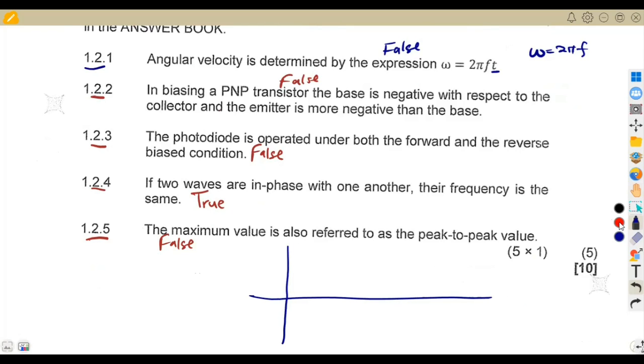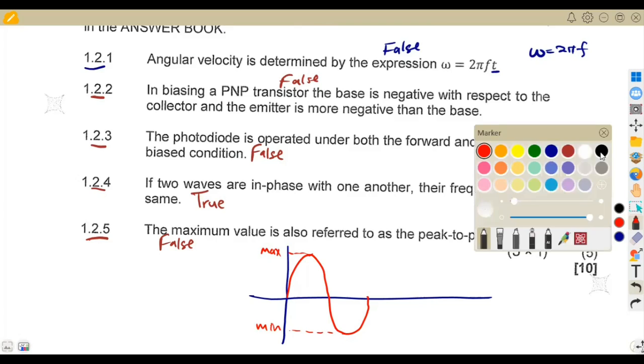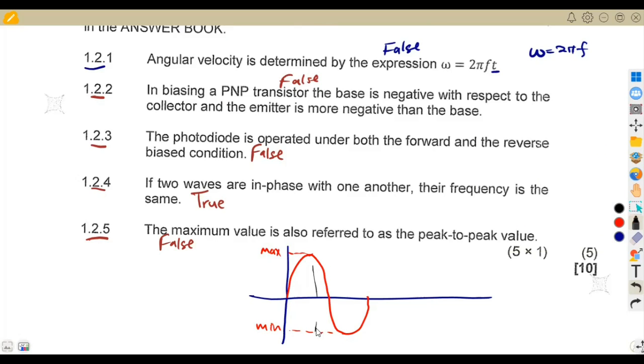A peak-to-peak value is taken from the maximum to the minimum, the difference between them. The peak-to-peak is given as 2 times V max, or simply V max minus V minimum. So it's false to say the maximum value is also referred to as the peak-to-peak.